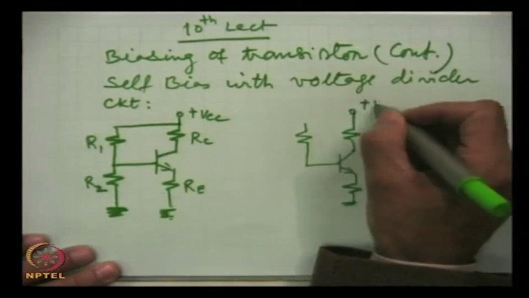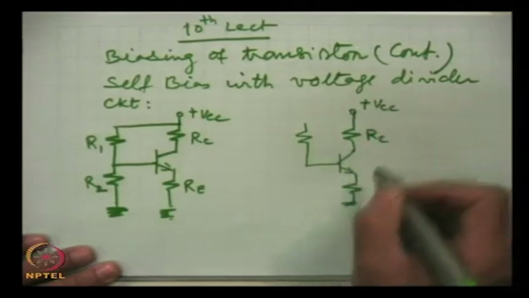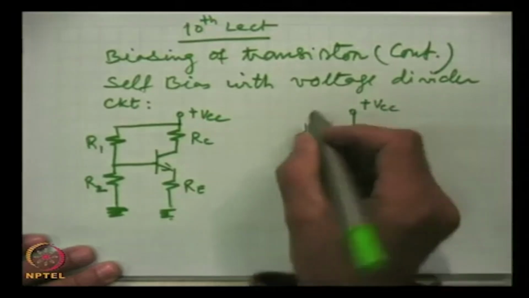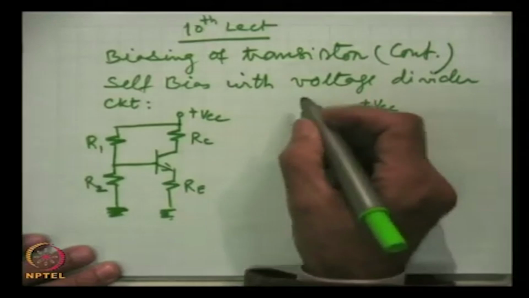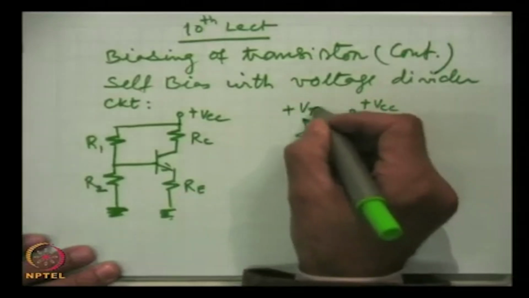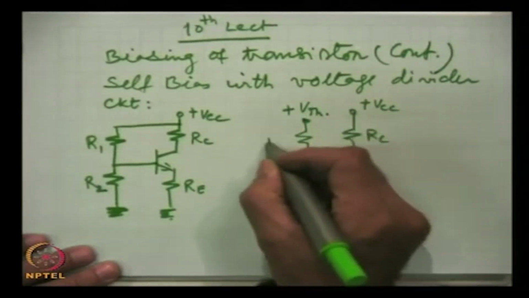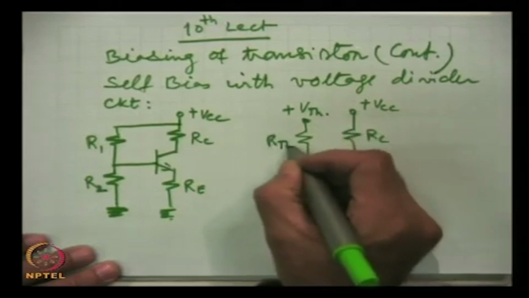This is VCC, RC, RE, and this is the Theveninized voltage, and this is the Theveninized resistance RTH.